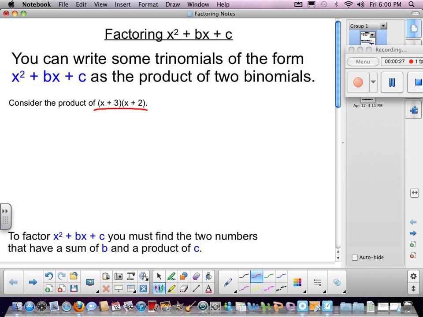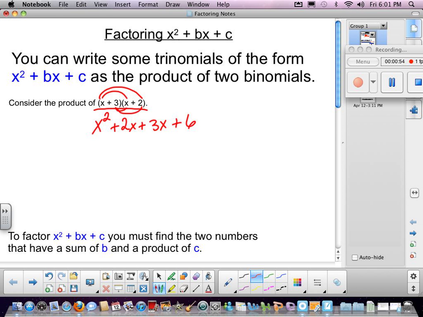When we look at the product of that, I'm going to FOIL it. So x times x would be x squared, x times 2 would be 2x, then 3 times x would be 3x, and 3 times 2 would be 6.